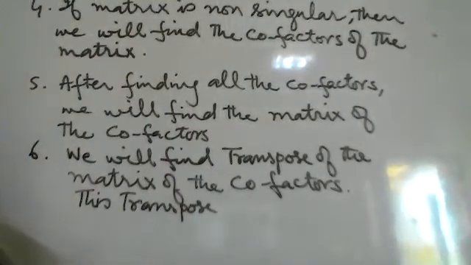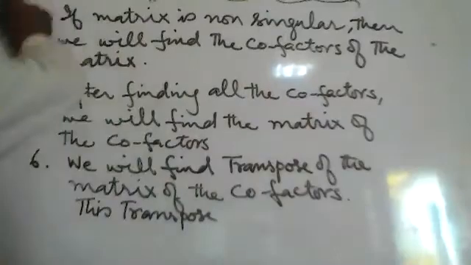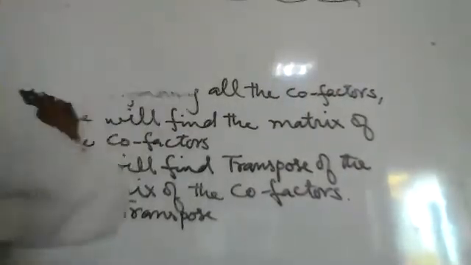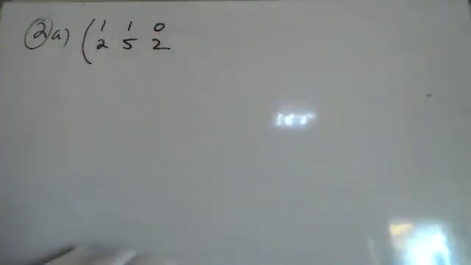So we are doing question number 2, part a: the matrix with rows 1 1 0, 2 5 2, 6 3 6.